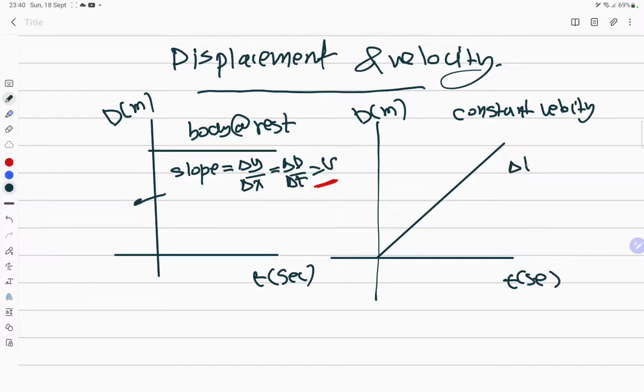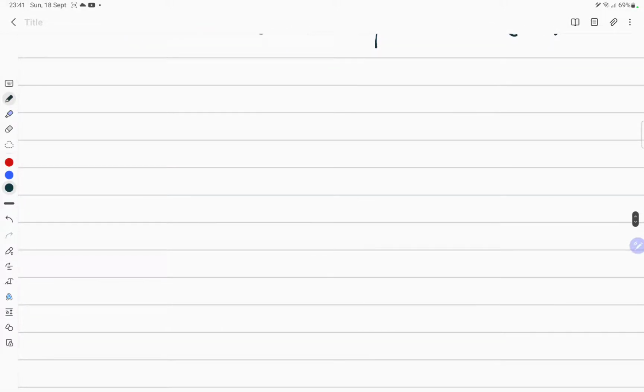So delta y over delta x, which means delta d over delta t, is going to give you a positive value of velocity. The slope here is positive because the velocity is constant and my position is increasing along the graph.